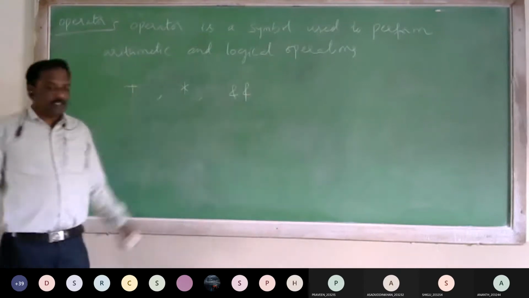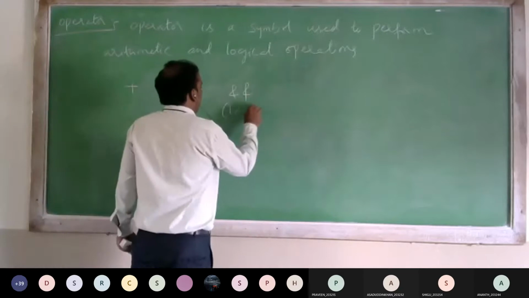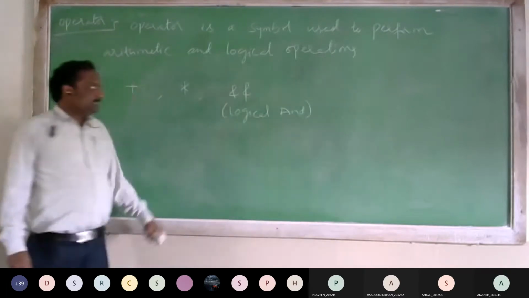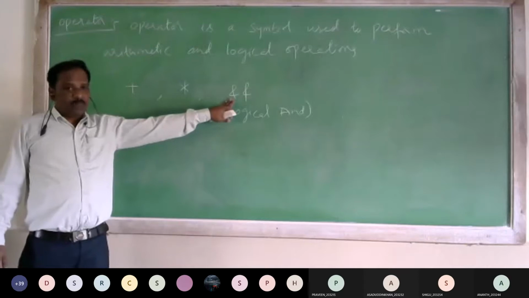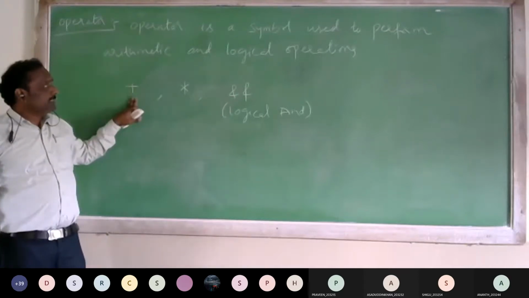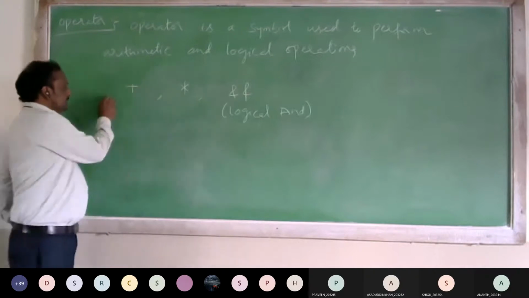This is called logical AND. It is used to perform logical operations. So we can perform operations by using an operator. An operator is a symbol which can be used for performing arithmetic operations.